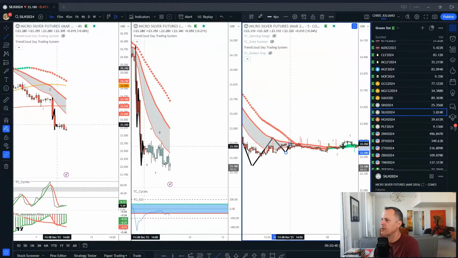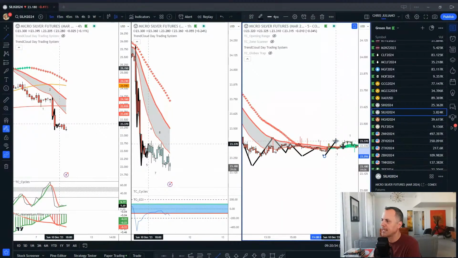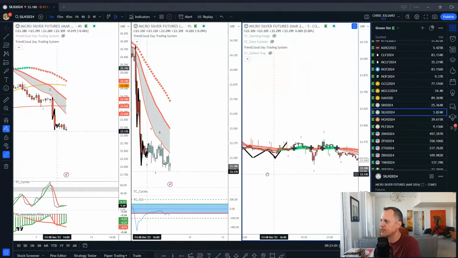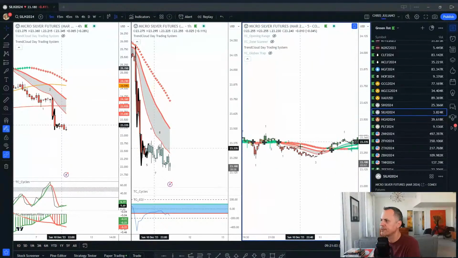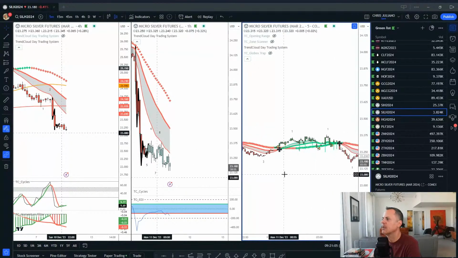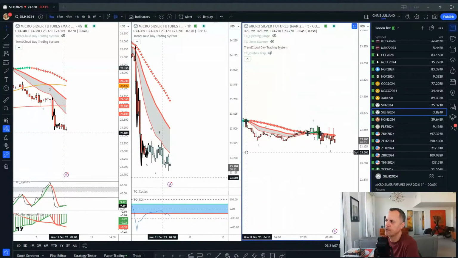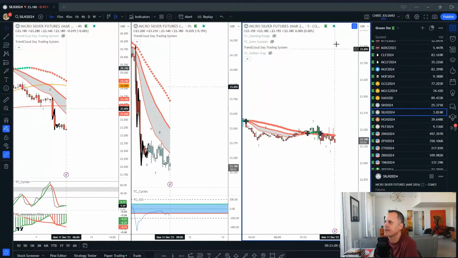Sideways, sideways. And as soon as it broke above the trend cloud, it counted out at 1 again. That's why you see 1, 1, 1, 1, 1, 1, 2, 1, 2, 3. It's just pretty much going sideways on that 5-minute chart.